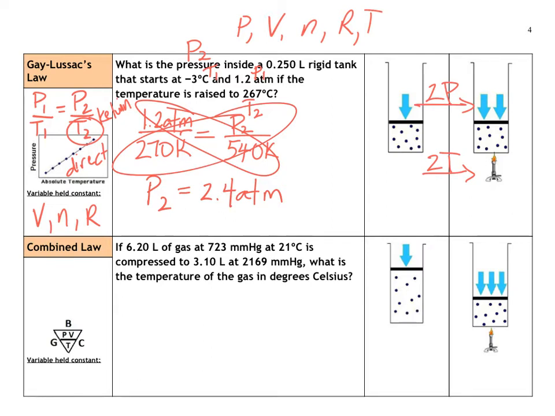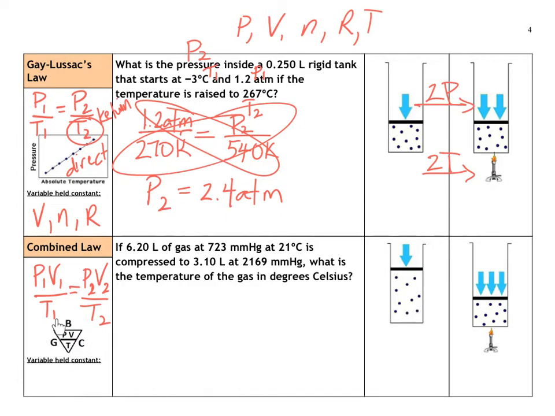Combined gas law is P1 V1 over T1. You'll notice that it is all the variables that we have come across thus far. So this is the combined gas law. And a way for us to remember all the different gas laws is like this.